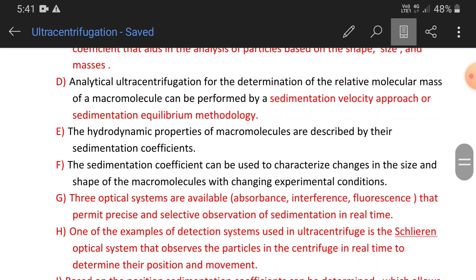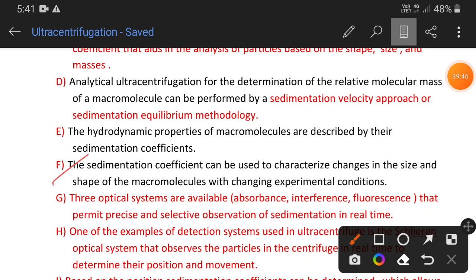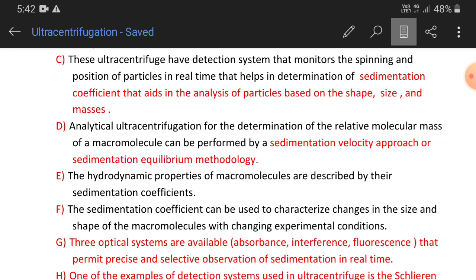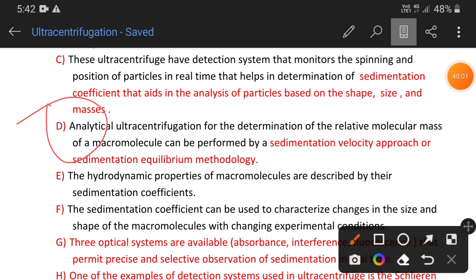Here I have mentioned that macromolecules change with experimental condition, how size and shape of the macromolecule changes with experimental condition, and the determination of the relative macromolecular weight with the help of analytical ultracentrifugation can be done with the help of sedimentation velocity approach or sedimentation equilibrium methodology.